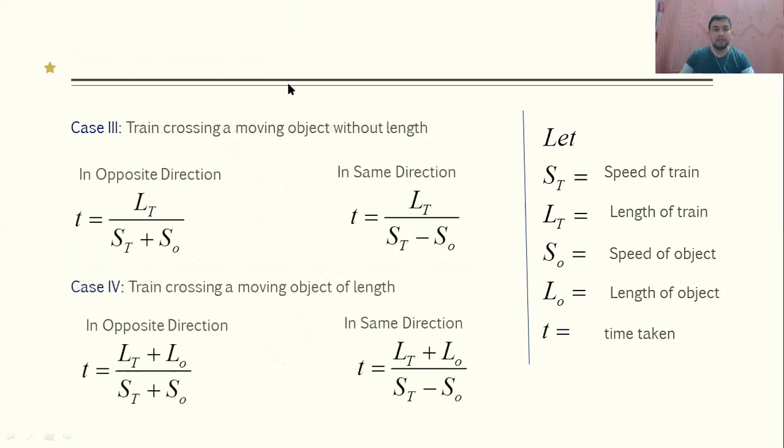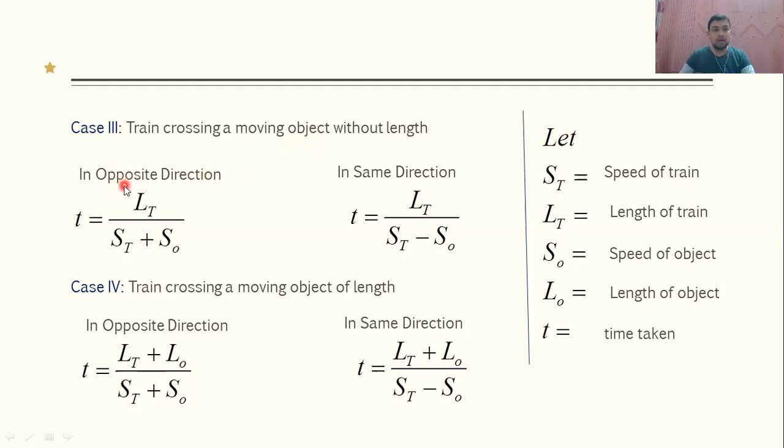Next, case number 3. A train crossing a moving object without length. See here, the object is moving, so it will have a certain speed. There are two objects, one is the train and the second is the object, which are moving. So here we will consider relative speed.